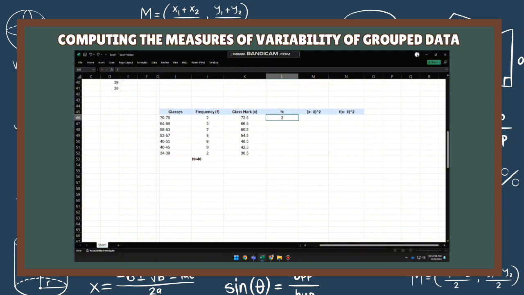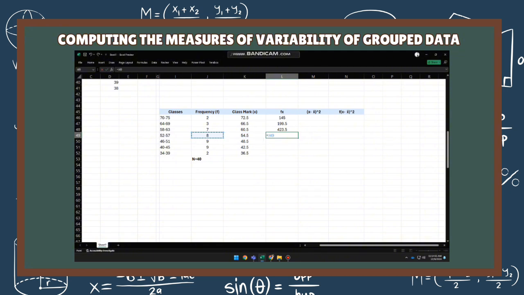So, next one is frequency times class mark. So, pagta-times natin yung 2 and 72.5. So, para mas mabilis, type natin yung equals and then select natin yung 2 times 72.5 equals 145. 3 times 66.5 equals 199.5. 7 times 60.5, 403.